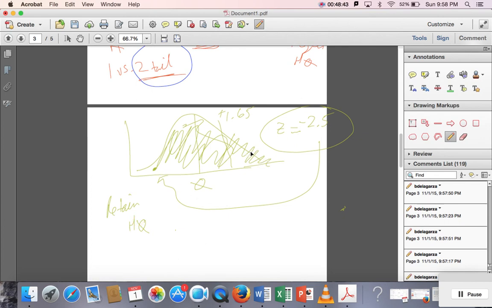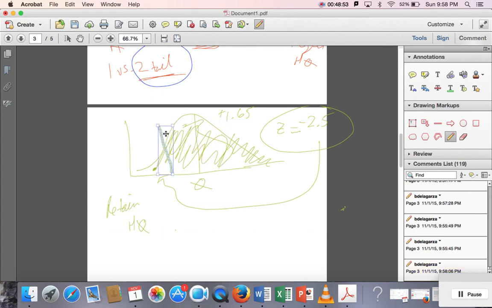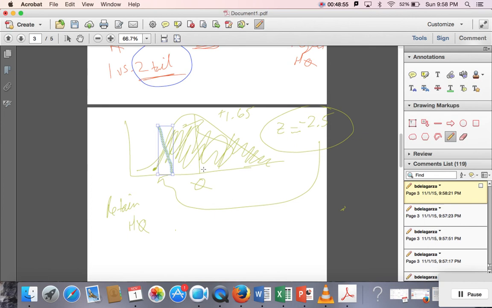It should have landed over here. In this particular case, my line should have been all the way on the left-hand side, so let me go ahead and get that line right there. My region of rejection should have begun at this line here, and my value should have landed in the region of rejection, but since I was looking in the wrong direction, I unfortunately have to retain the null hypothesis.